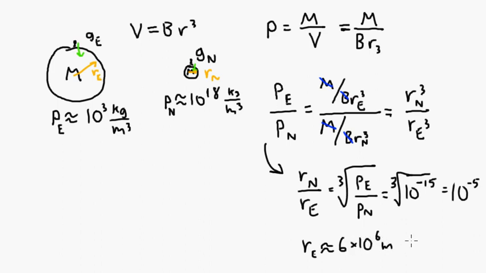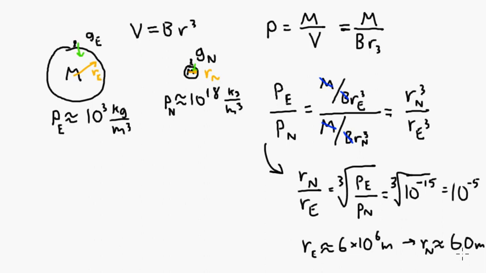So the radius of Neutronium Earth is tiny. It's about 60 meters, right? So the Earth has been compressed down to this neutronium ball with a radius of 60 meters, which means the whole diameter is 120 meters, so it's barely bigger than a football field. That's how dense neutronium is.